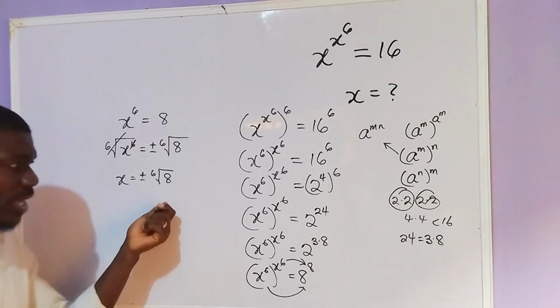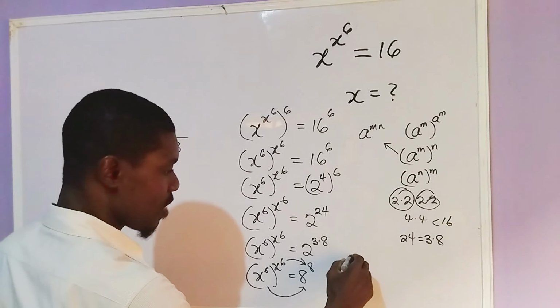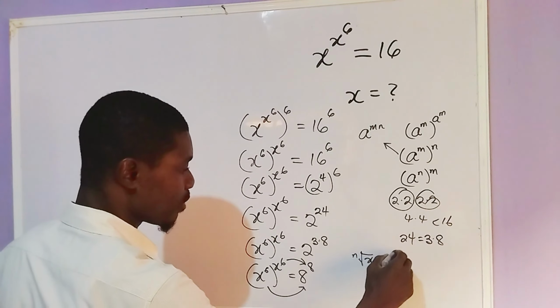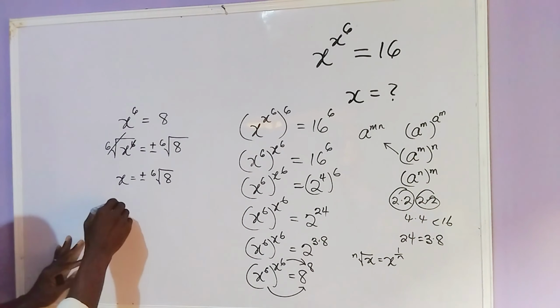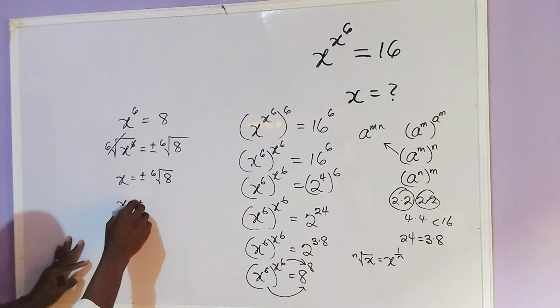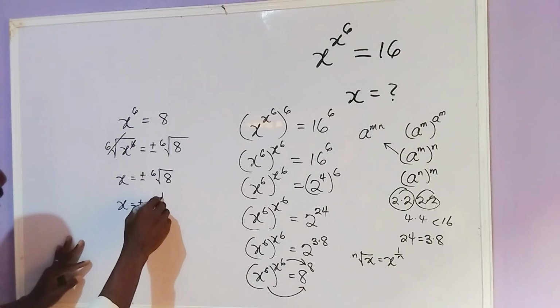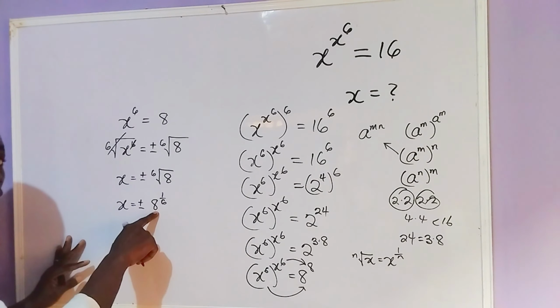Do you know we can actually simplify this? Recall that the nth root of x is the same thing as x raised to the power of 1 over n. Applying that here, x equals plus or minus 8 raised to the power of 1 over 6. Now what if we reduce this 8 to a base of 2?